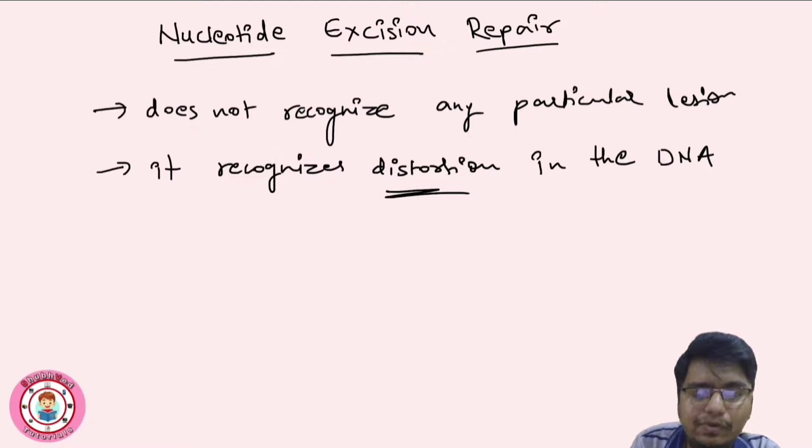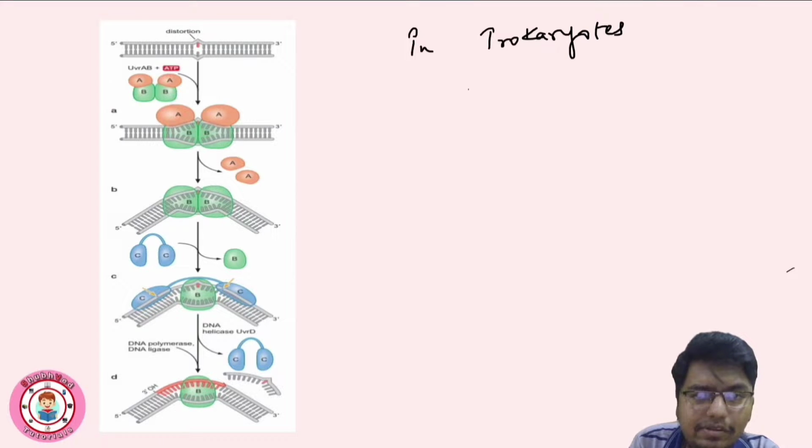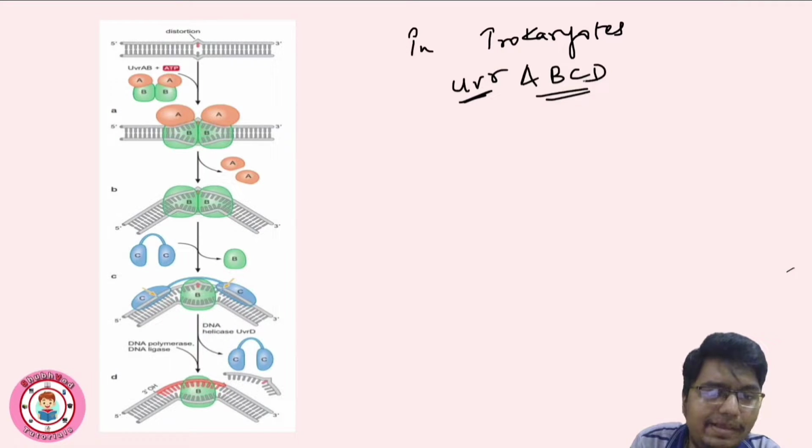So let's see the processes. Firstly, let's see it in prokaryotes. In prokaryotes, the proteins are UVR proteins, and the order is A, B, C, D. Remember it like this only: A, B, C, D. First comes the protein UVRAB, as a dimer.